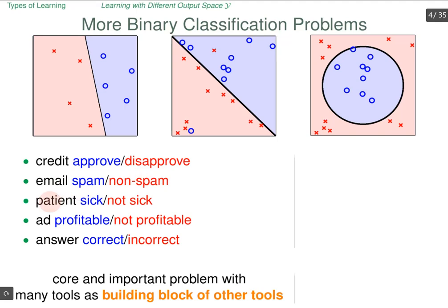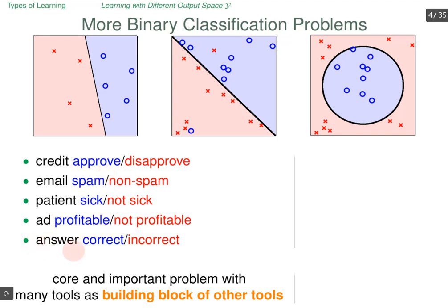We also have data from patients recorded in hospitals, or any kind of data that corresponds to patients' state of being, and then the algorithm tries to classify into sick and non-sick. Or we may also have some data from ads, advertisements. In these specific cases, we may be interested in learning a function to identify whether the ads show profit or not profit, so profitable or not profitable, which also involves two binary classes.